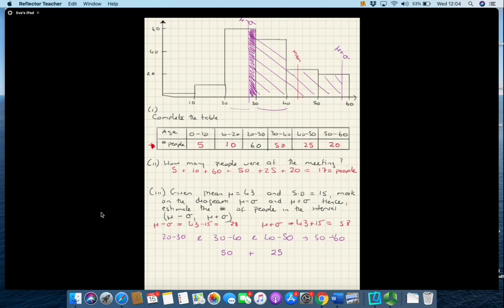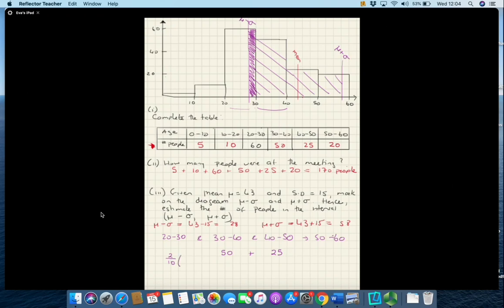So I have 2 out of the 10 of that interval 20 to 30.